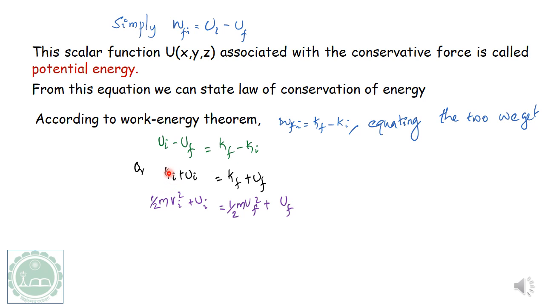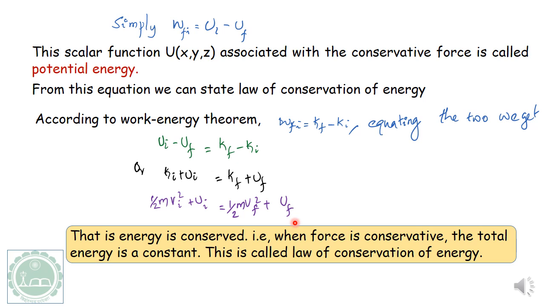Ki stands for kinetic energy, that is half m vi squared, plus ui is equal to half m vf squared plus uf. That is, energy is conserved. When the force is conservative, the total energy is constant, and this is the law of conservation of energy. Thank you.